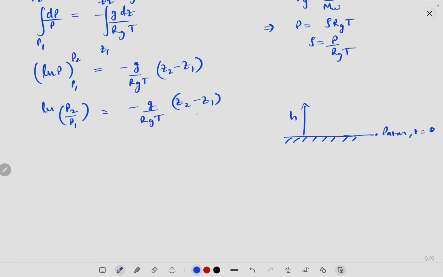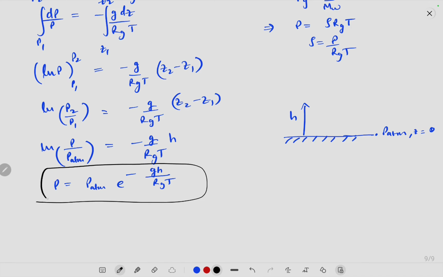Okay, so then this Z1 would become 0, Z2 would become h, ln P by P atmospheric equal to minus g by Rg T, Z2 would become h and Z1 become 0. So this would become P is equal to P atmospheric e to the power minus g h upon Rg T. So this is the formula for a gas, the pressure distribution in a gas as a function of the height.